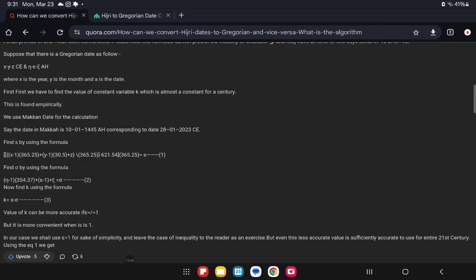Technically, it's a bit less than that, but then plus y minus 1 times 30.5. Is this trying to find roughly how many days have passed since January 1st, year 1?